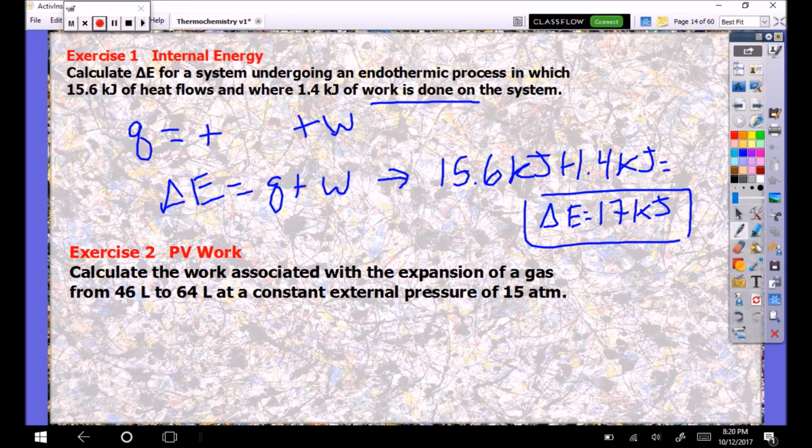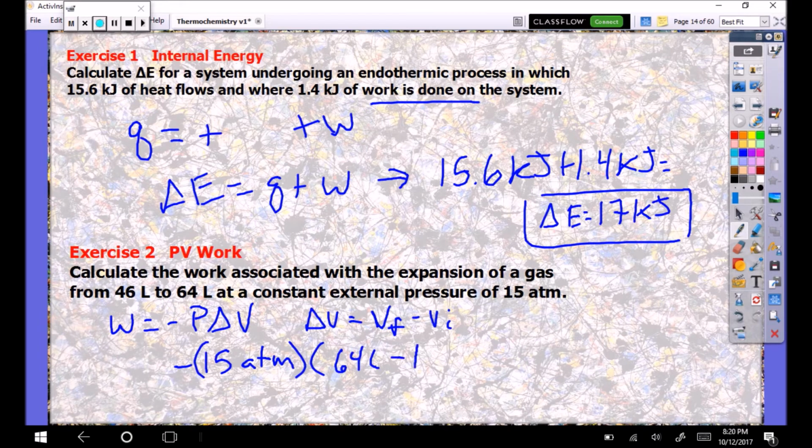All right, PV work. So remember that your work is equal to negative P delta V. That's the derivation we came up with before. And that delta V is our V final minus V initial. Our initial volume is 46. The final volume is 64. This is easy. 15 atmospheres, 15 atm. Right, negative 15 atm times 64 liters minus 46 liters.